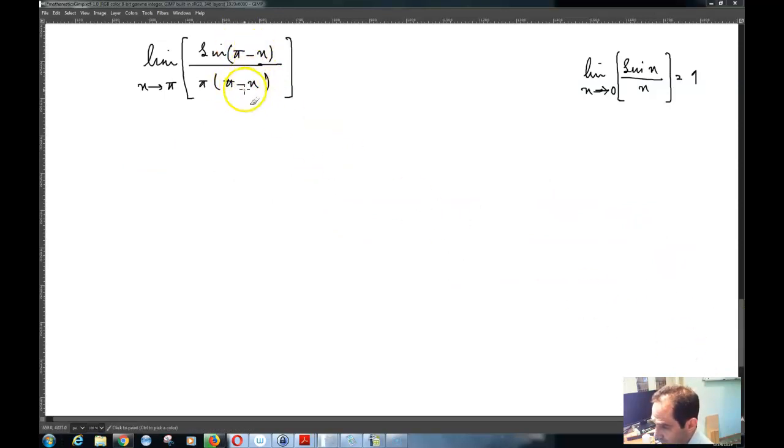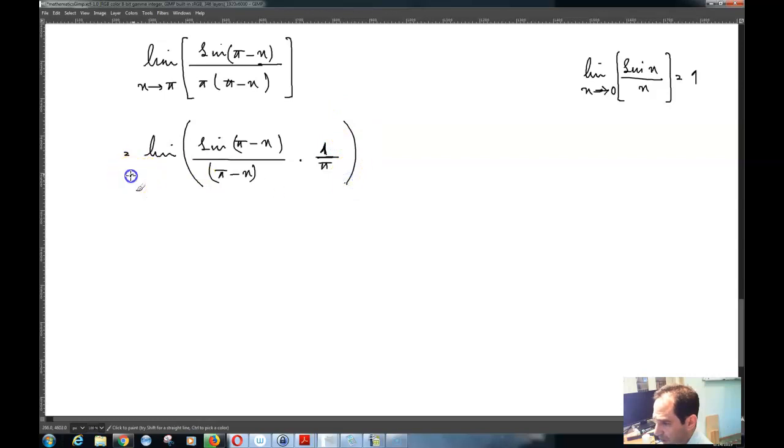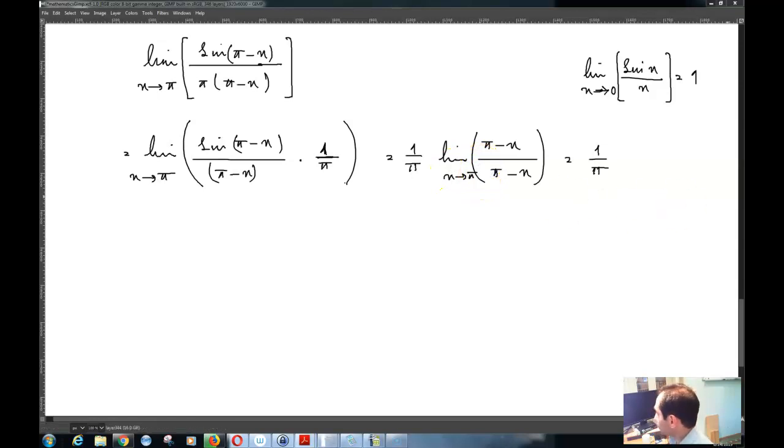So if I write this simply as the limit of sine of pi minus x over pi minus x times 1 over pi, then as x tends to pi, I can just simply take this 1 over pi out, and write it as the limit of sine of pi minus x over pi minus x as x tends to pi, which is going to be equal to 1 over pi because this part is 1. So number 15 is 1 over pi.